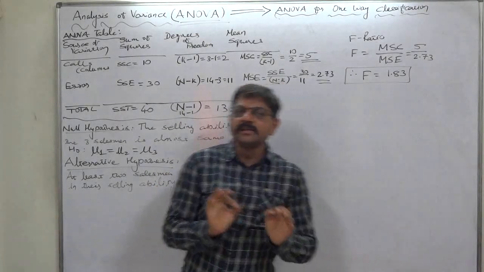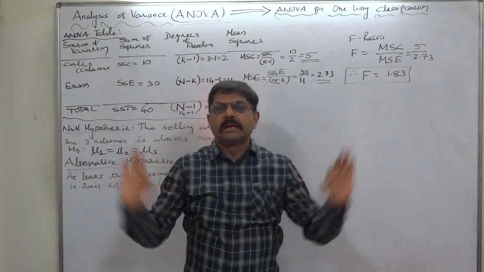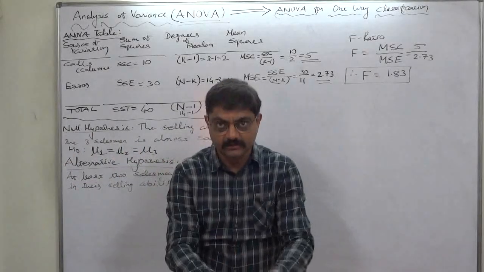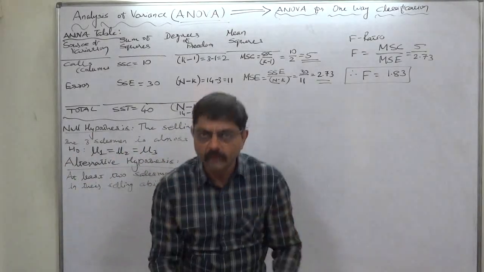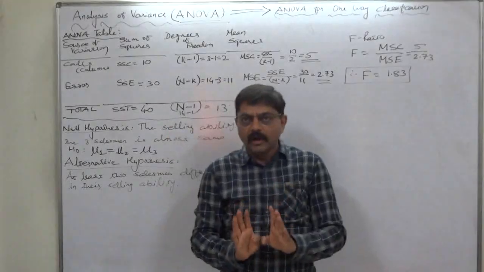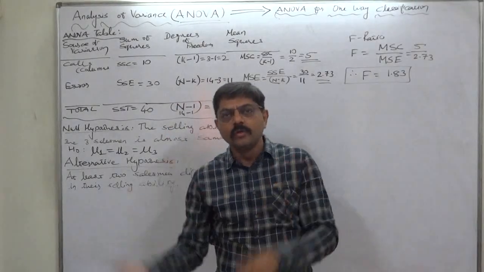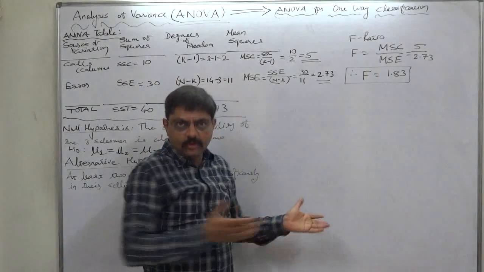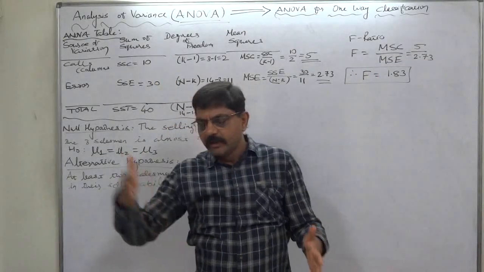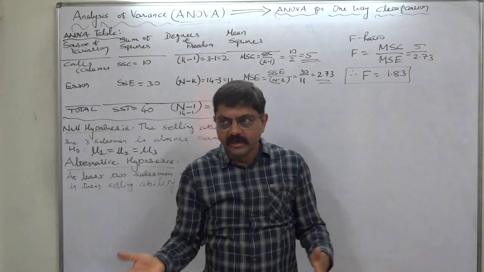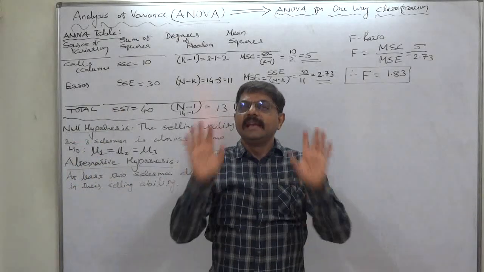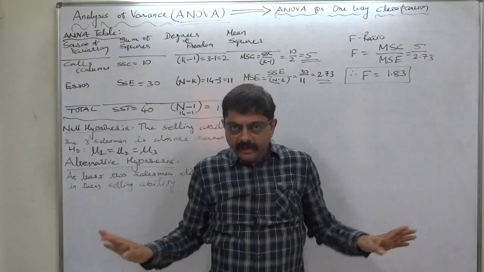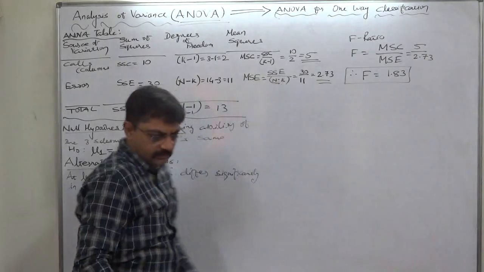That means ultimately it can always be concluded as a one-tailed test. So don't worry in case of ANOVA about dividing the alpha by 2 and taking two critical values, because in case of the F test we have to take two critical values, upper tail and lower tail. In case of ANOVA, don't worry. Okay, let's move forward.